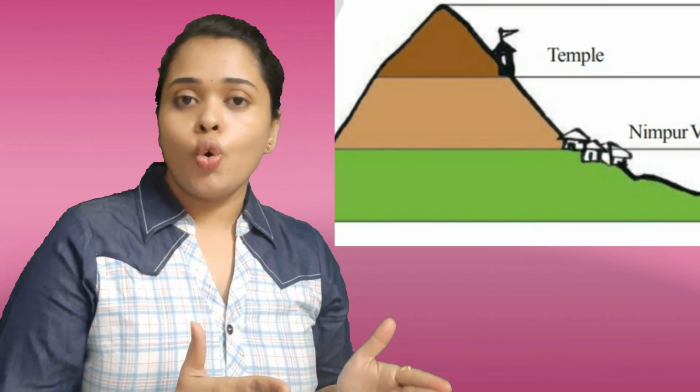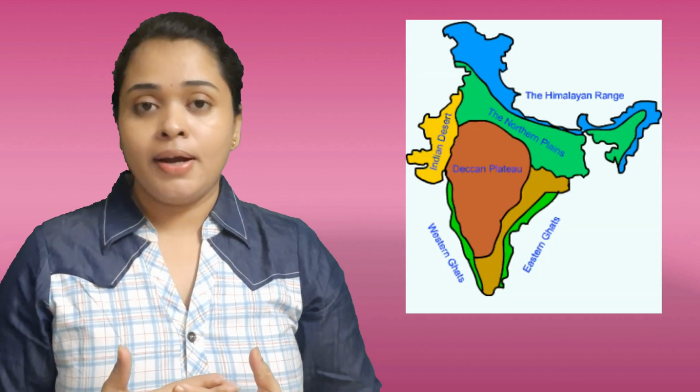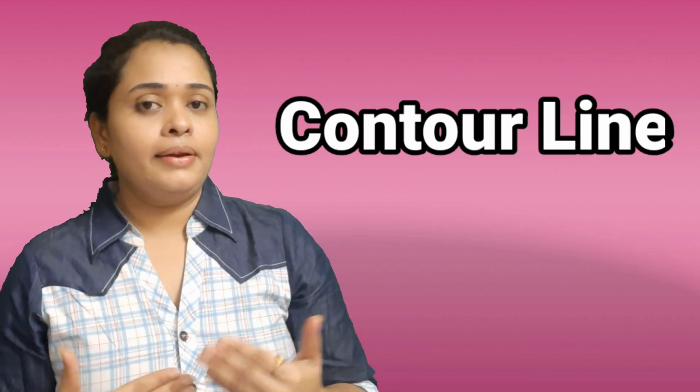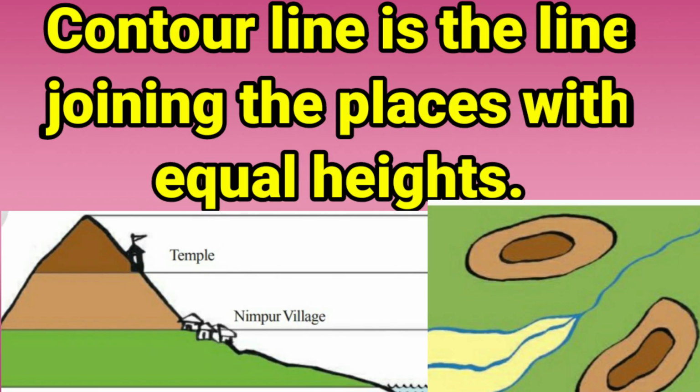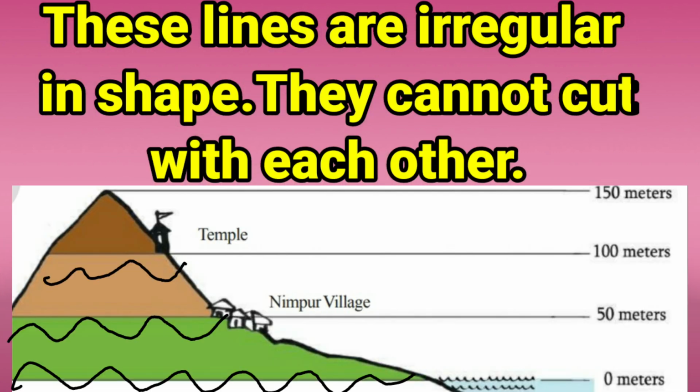How can we show the heights of land on a map? Of course, we already discussed that it can be shown through the use of color. And one more way is the contour line. A contour line is a line joining the places with equal heights. These lines are irregular in shape.